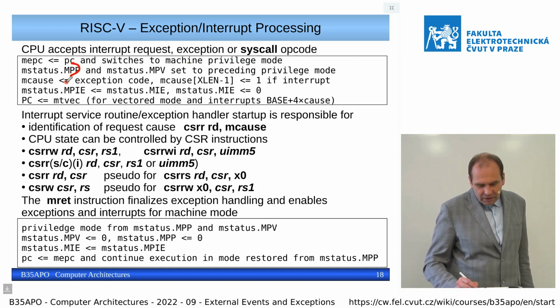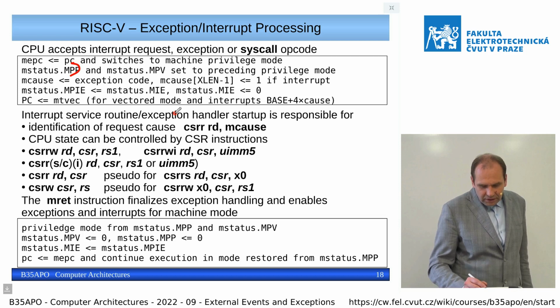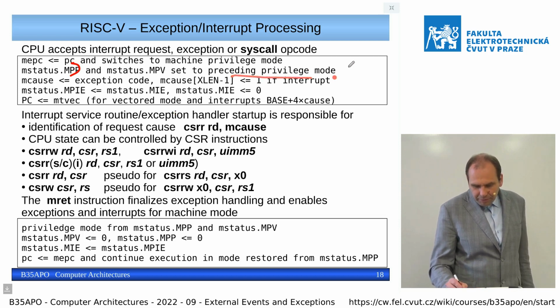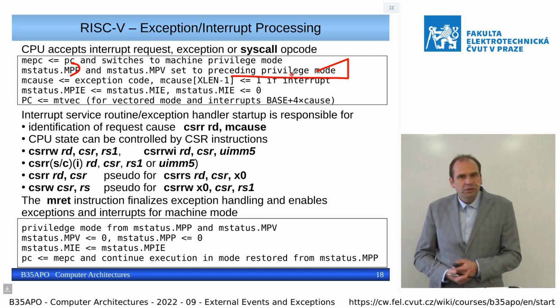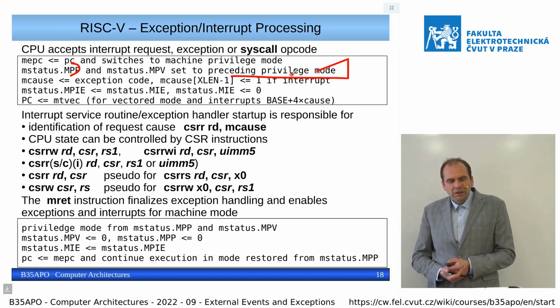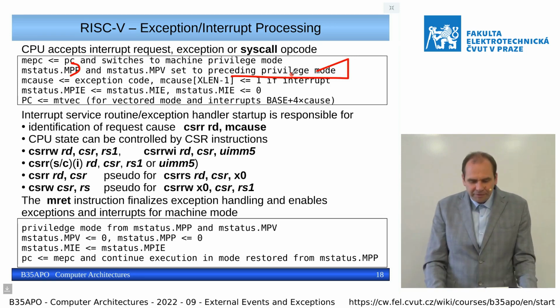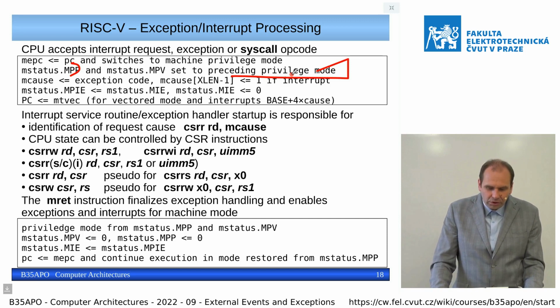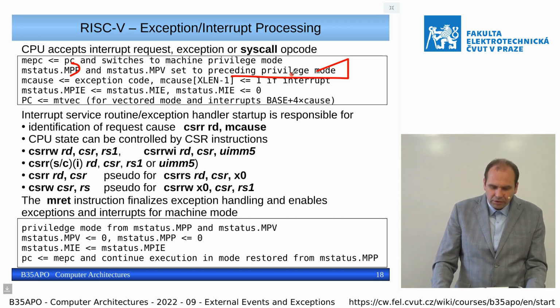MPP of the status register is set according to the previous privilege mode. So from this you know what was the preceding privilege mode when you want to return to the code, to restore the correct code.